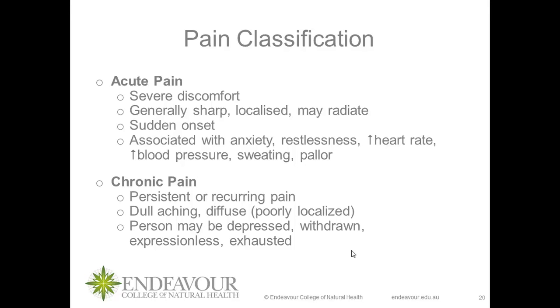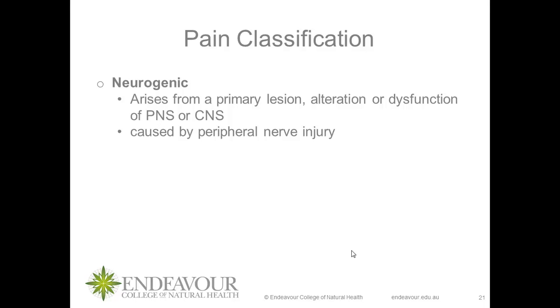So acute pain tended to be localized. Chronic pain tended to be poorly localized, but remembering that each person's perception is different and their responses to pain variable. The person might be depressed, withdrawn, expressionless, or exhausted if their pain was chronic.